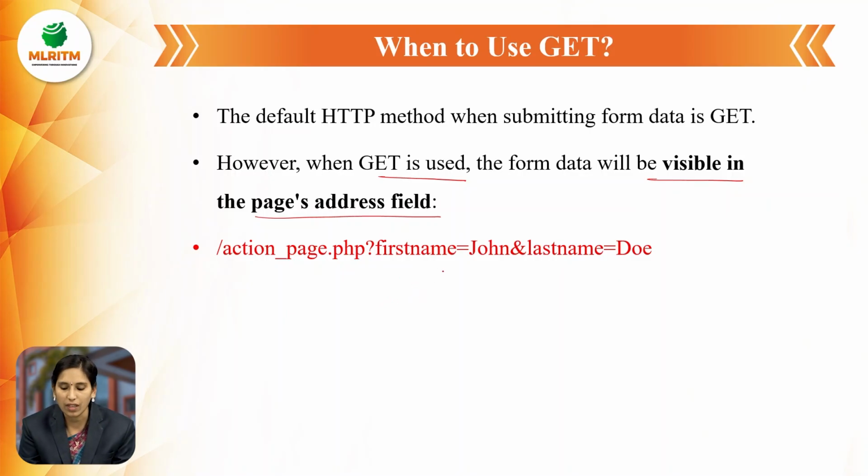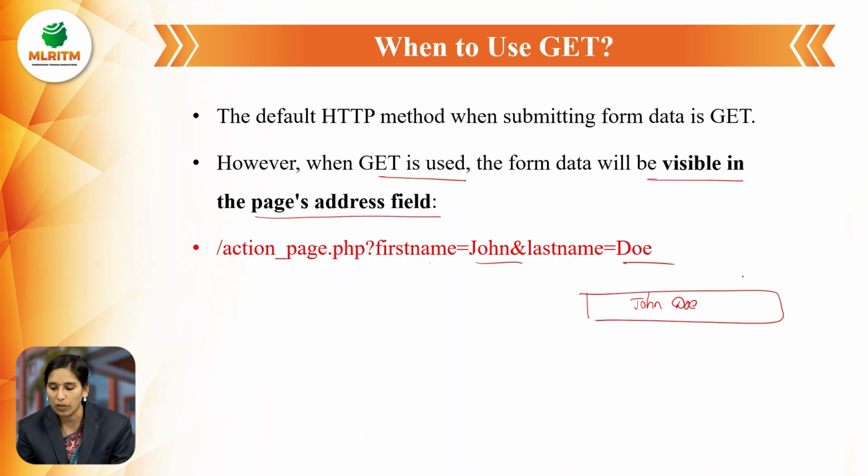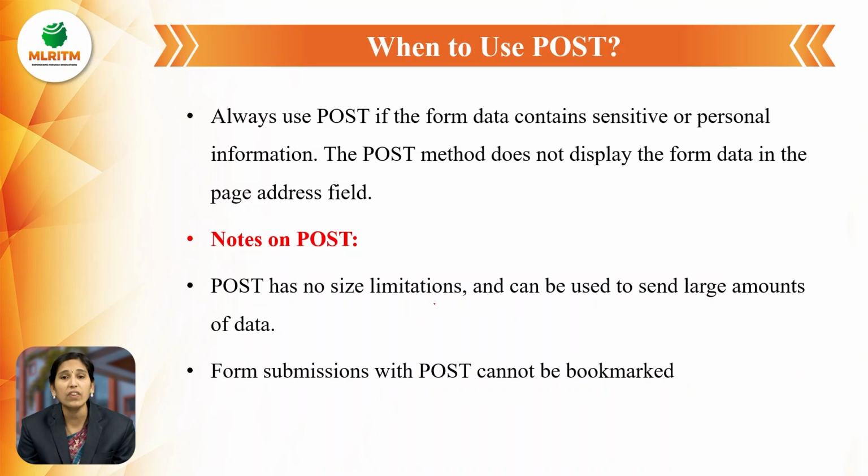For example, if we give the first name and last name John and Doe, they will be visible in the web browser's address field. Whenever we use the get method, the data is visible. Whenever we use the post method, it will not be visible in the web browser's address field.